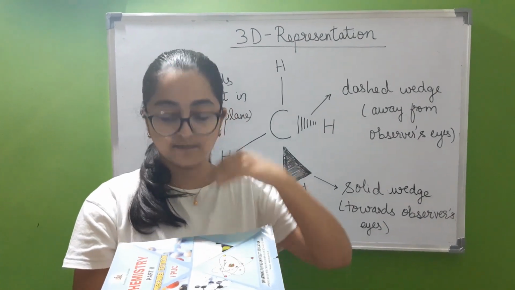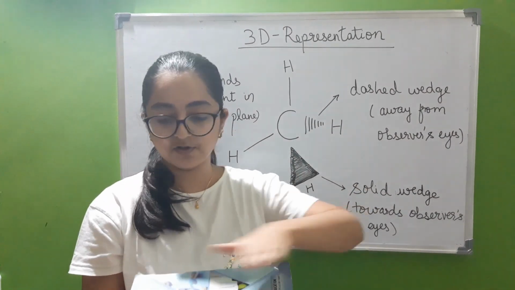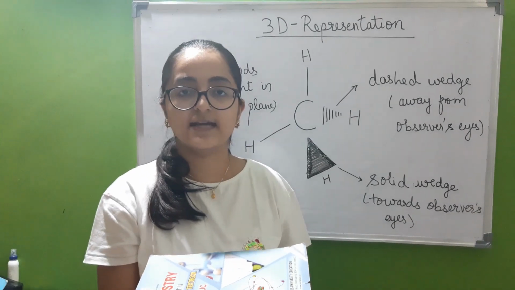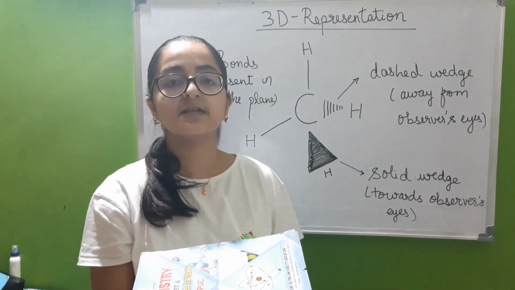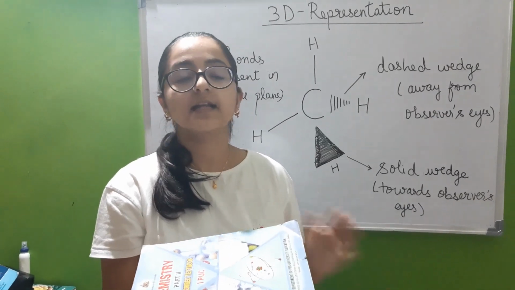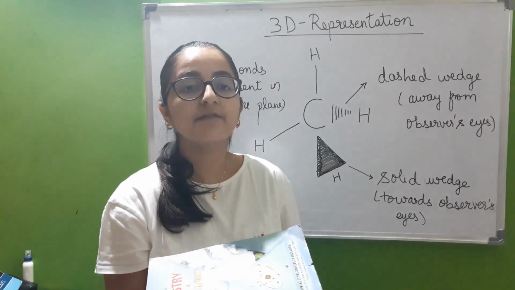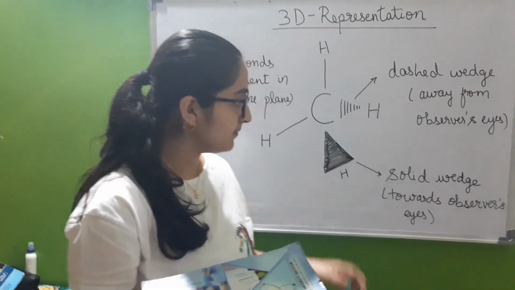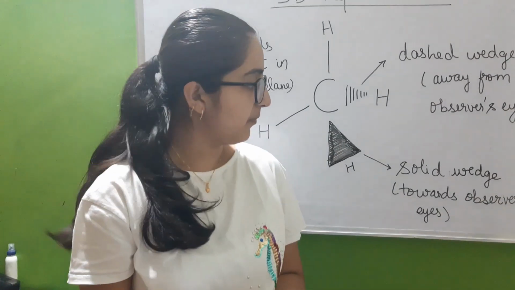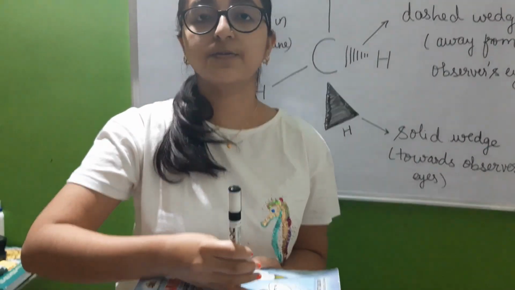So when I'm seeing here, it's away from my eyes. If I view like this, I can only see the bonds present in this way and the bond present here. I can't see this one. That's why it's represented by a dashed wedge, and it indicates the bond that is present away from the observer's eyes. Coming to the solid wedge, it is a bond that is formed towards the observer's eyes.